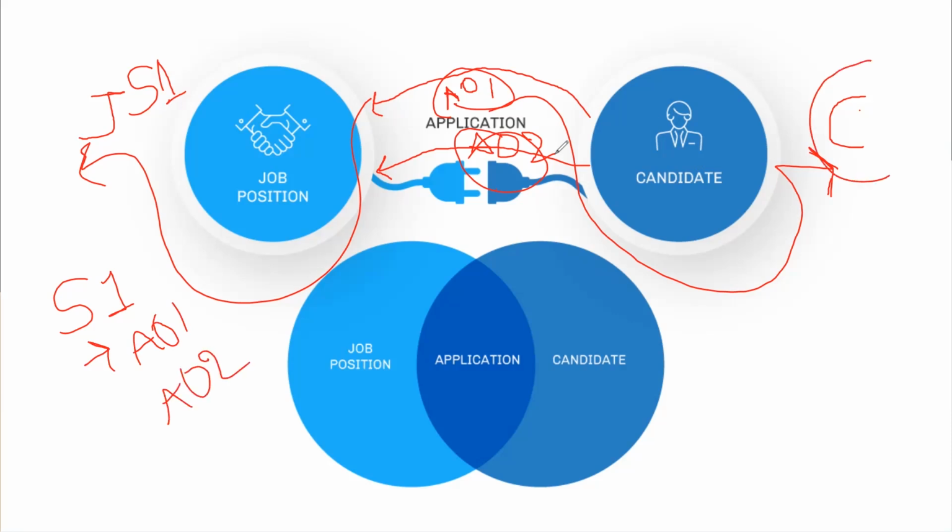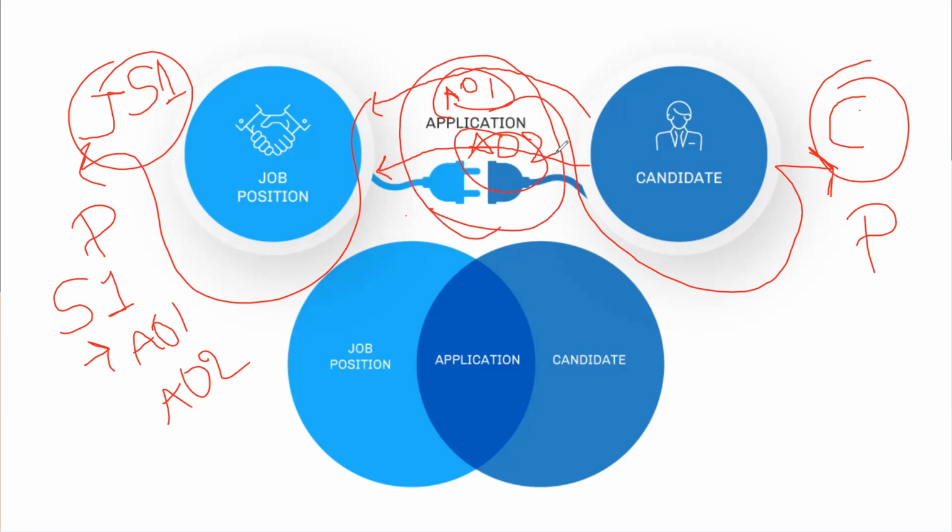Means two parents, and these two parents have similar children. I mean, these children will come under these two parents. This application should be a detail, or child, of the job posting. Then this application should also be the child of this candidate.